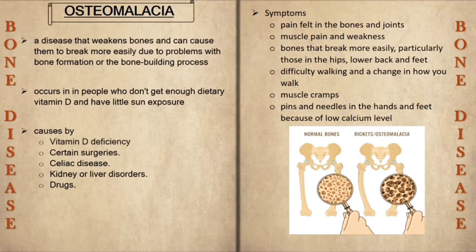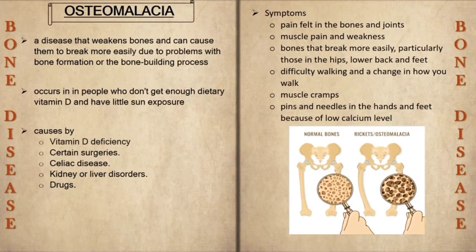Patients who have osteomalacia will experience some symptoms, such as pain in the bones and joints, muscle pain and weakness, and bones that break more easily, particularly in the hips, lower back, and feet. They also have difficulty walking and a change in how they walk, have muscle cramps, and feel pins and needles in the hands and feet because of low calcium level.